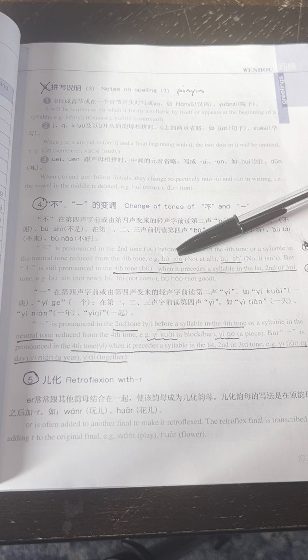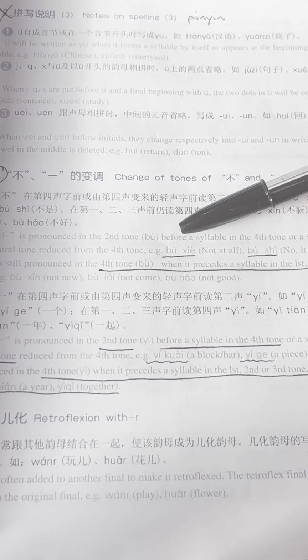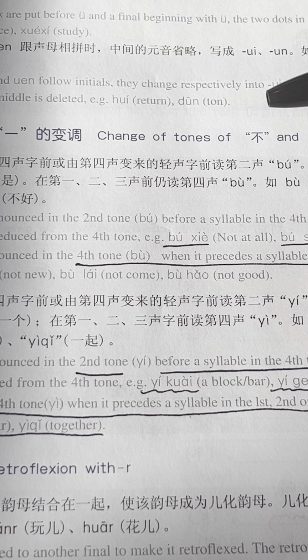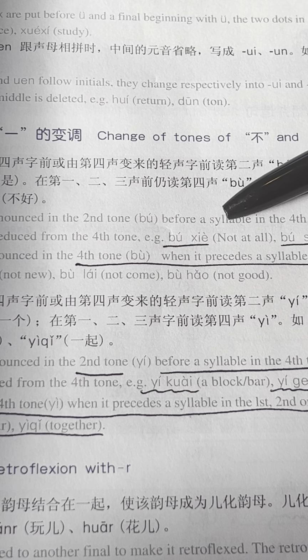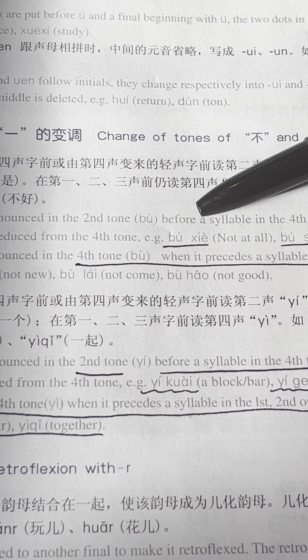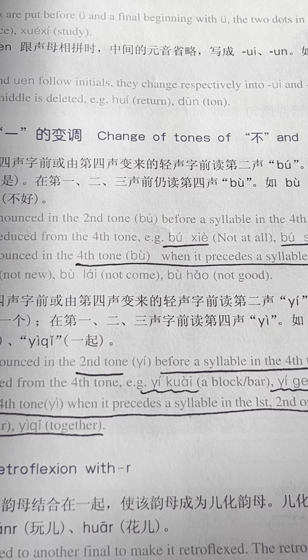So the first one changes to the second tone, like in bu xie, right? Or bu xie is not at all. No need to thank me. Sort of like 谢谢你, bu xie. You could also say 不用谢. 不是, no it isn't. 是不是, is it? 不是, no it isn't.